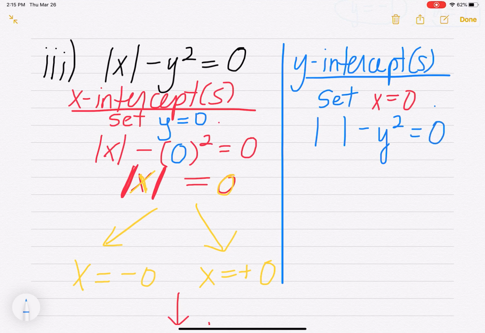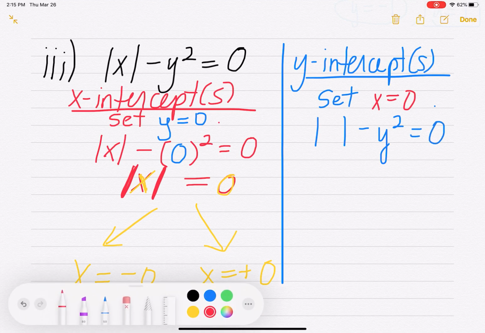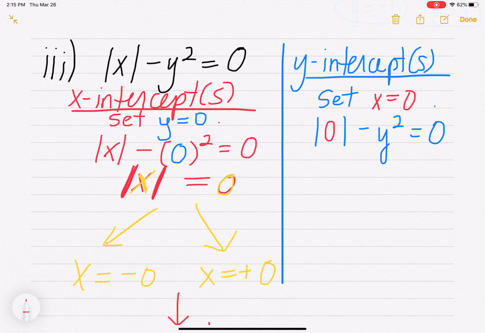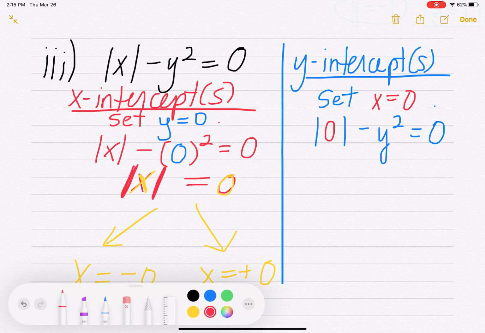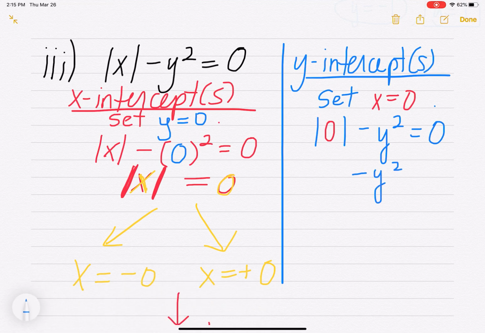Here's my template. I'm going to plug in a 0 for x. We take the absolute value of 0. The absolute value of 0 is 0, so it does not contribute. We're going to have minus y squared equals 0.